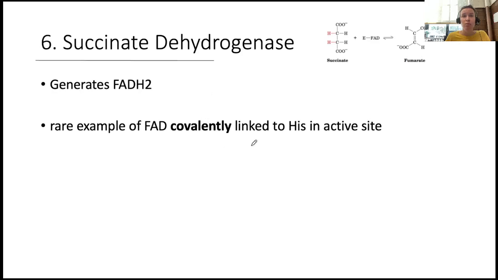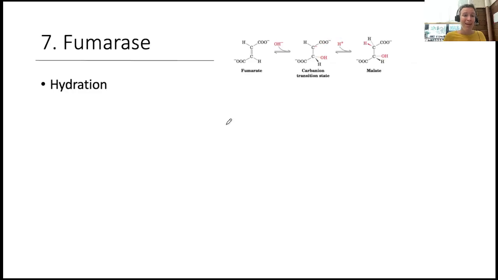And this enzyme is a rare example of an FAD that is covalently linked to a histidine in the active site. Many FADs aren't covalently bound in this way when they're used for redox. Next up, the enzyme fumarase. It performs a hydration reaction where we take this double bond and add water across the bond to make malate.